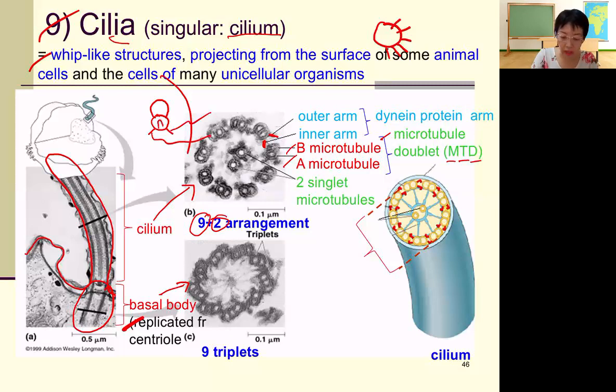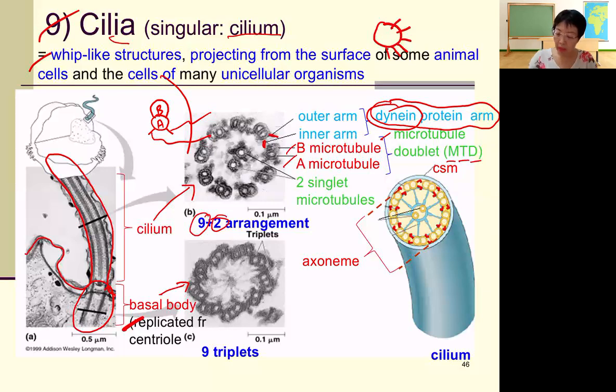So this is A and this is B. Imagine A is somebody that is driving the motorbike, and B is the passenger behind A. The outer arm and inner arm are made up of dynein protein. So the protein is called dynein.